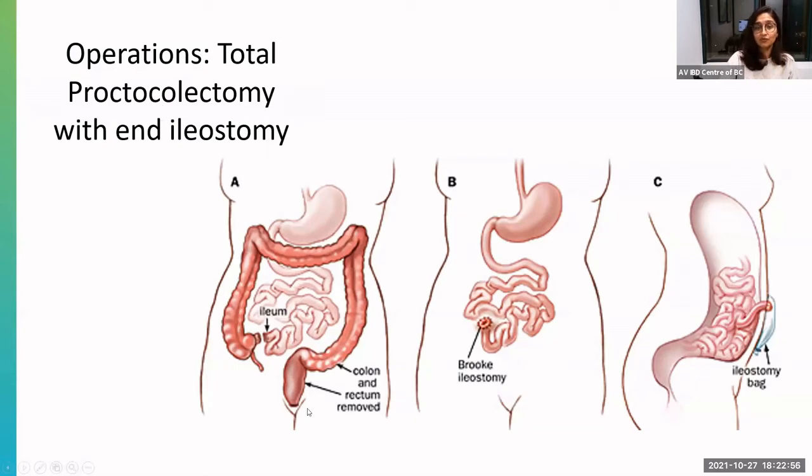That's where we remove the anus, the rectum, and all of the colon, and they have a permanent end ileostomy. Unfortunately, patients with Crohn's disease are typically not candidates for an internal pouch, such as the J pouch that we mentioned, because we know that they can develop fistulas from their pouch to their anus.